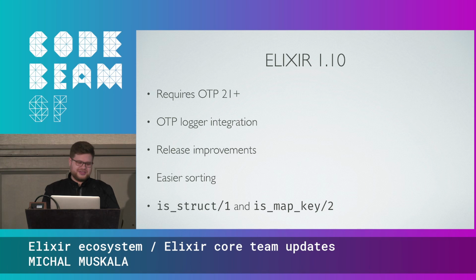They know what they're doing. I'm not necessarily. But yeah, this is a great addition that allows for much more expressive APIs, and especially is_struct adds a lot of expressivity, in my opinion.